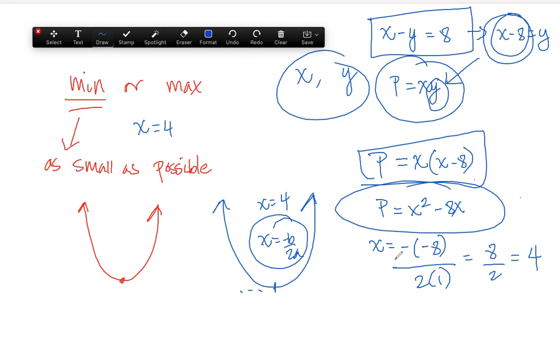So I guess then would you plug 4 in? Yeah, exactly. So p equals 4 squared minus 8 times 4. That's 16 minus 32, which is negative 16. So the minimum value of the product of the two numbers would have to be negative 16.